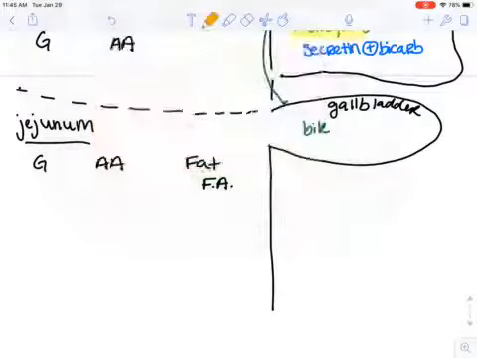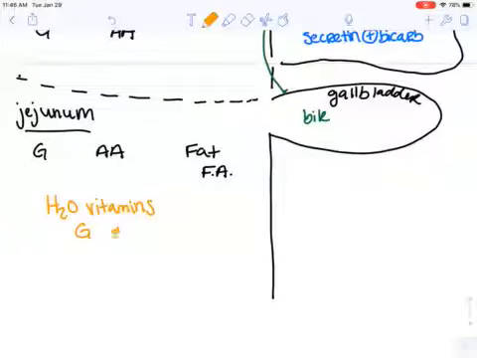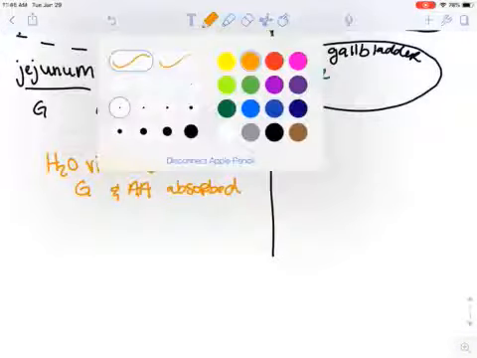So absorption, what's going to happen is our water-soluble vitamins are going to be absorbed, our glucose is going to be absorbed, and our amino acids are going to be absorbed. So we're having a lot of absorption here in the small intestine because that's the primary role.